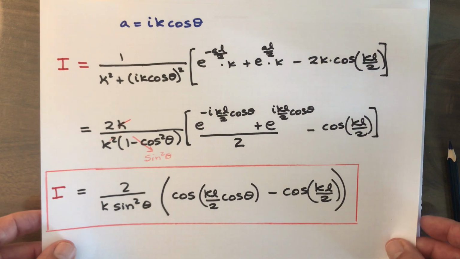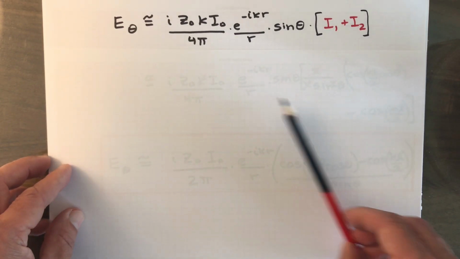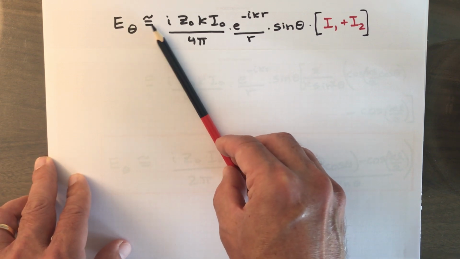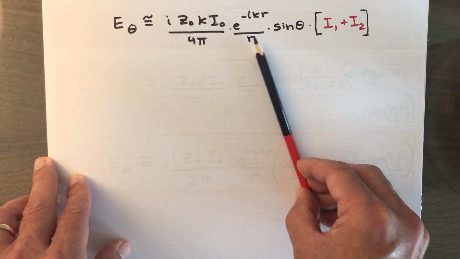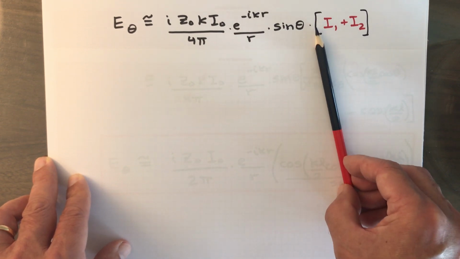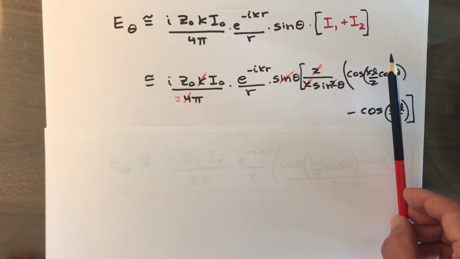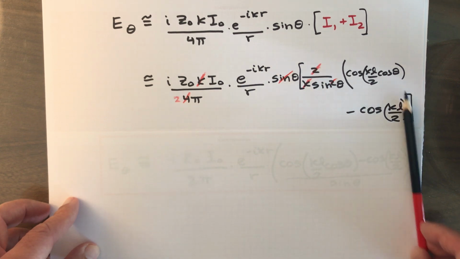Once we have the integral, now we can go back into our expression for the electric field, which remember was the electric field in the theta direction approximately equal to these constants times e to the minus ikr over r times sine theta times our total integral, which was I1 plus I2. We have I1 plus I2 from the previous page, so we can just replace that in here.